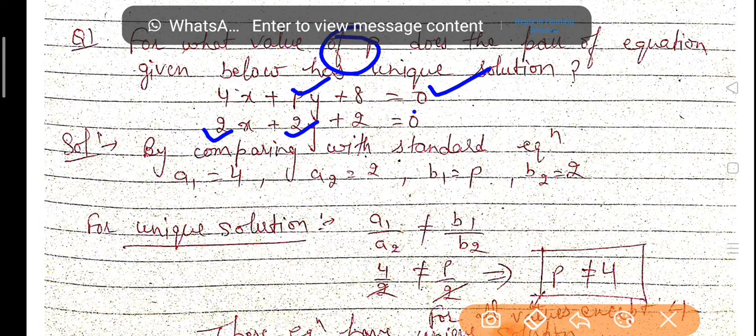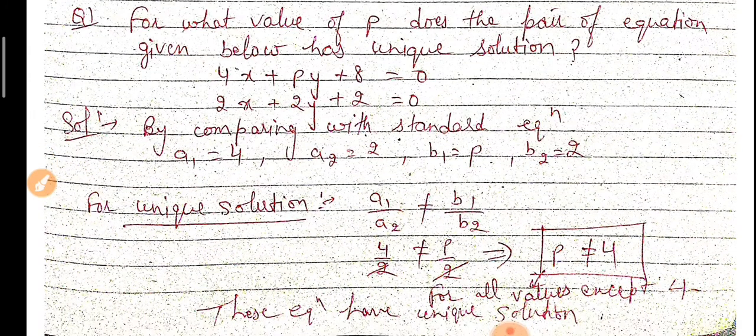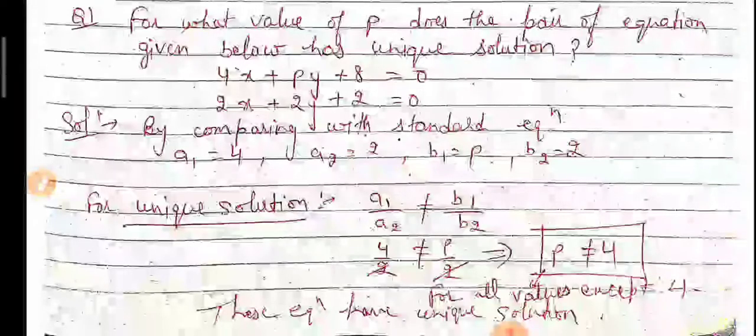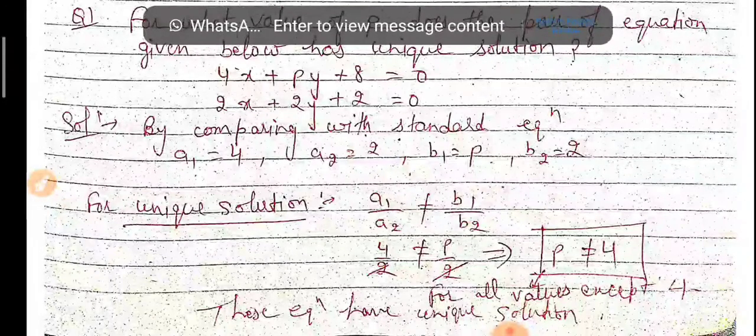So apply the condition for unique solution: a1 by a2 is not equal to b1 by b2. Replace the values: 4 by 2 is not equal to p by 2. After solving, we will get p is not equal to 4.